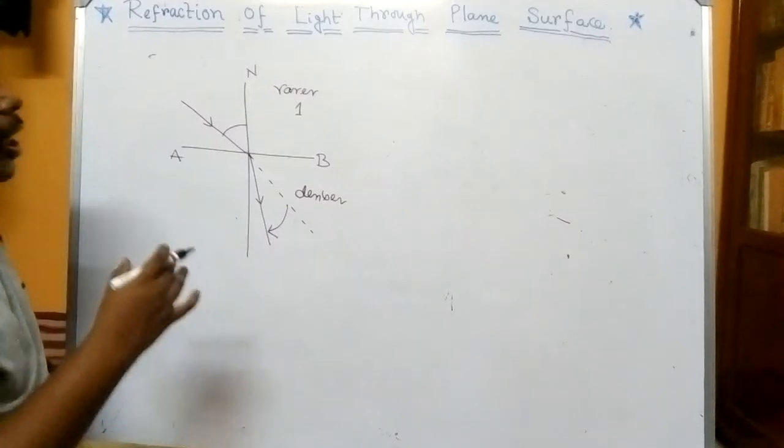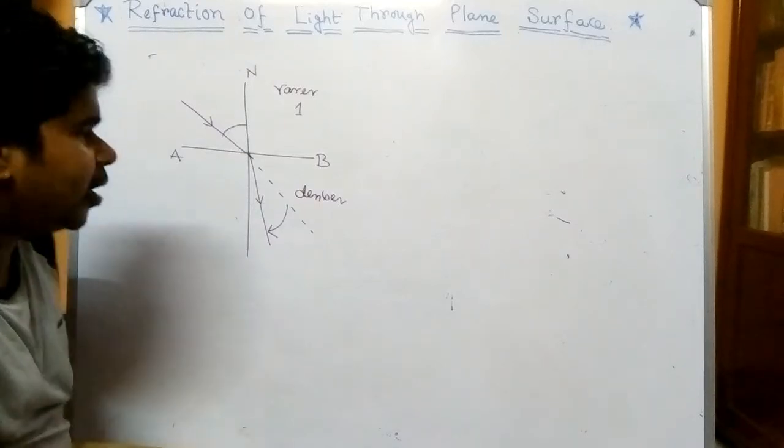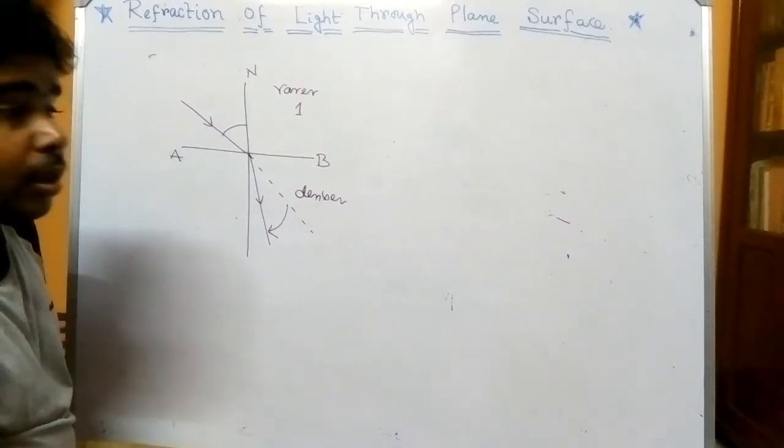So when a light ray comes from a rarer medium to a denser medium, it bends towards the normal.